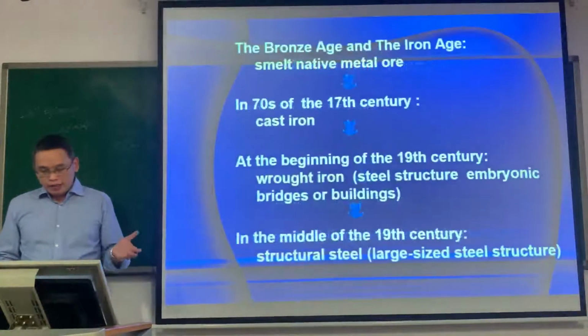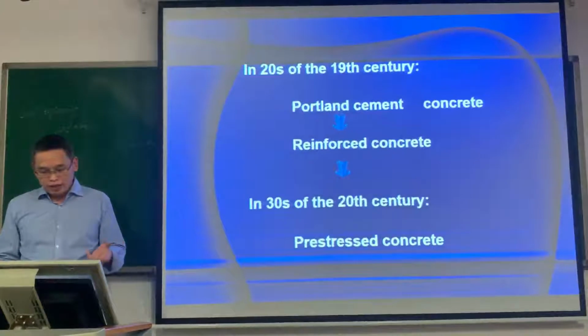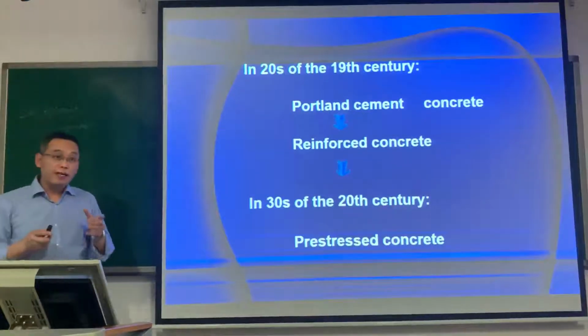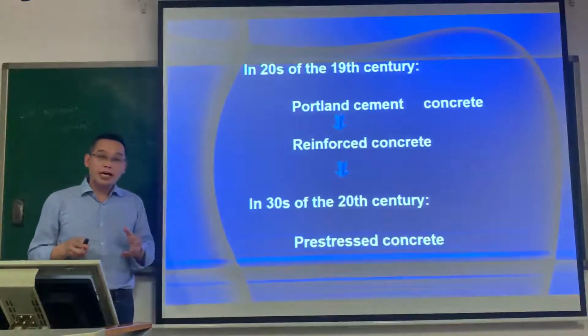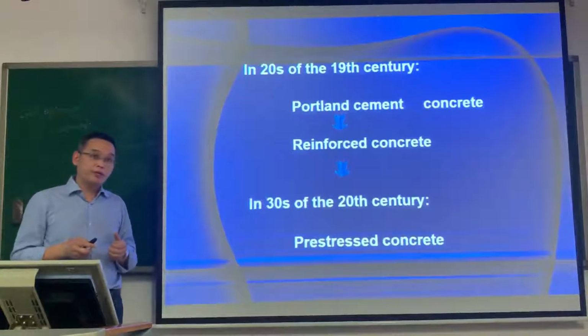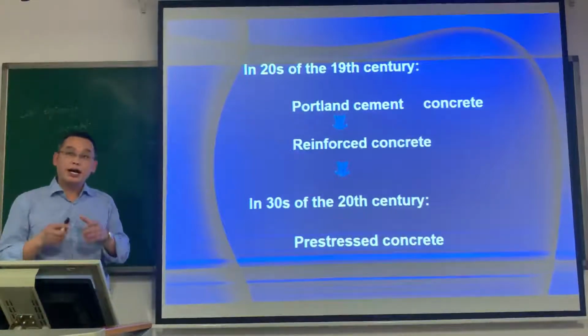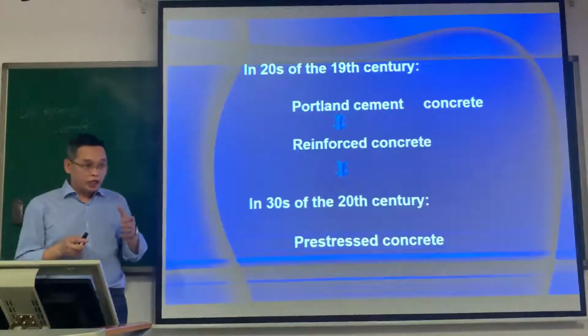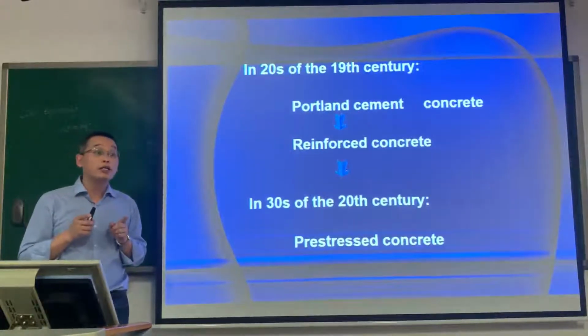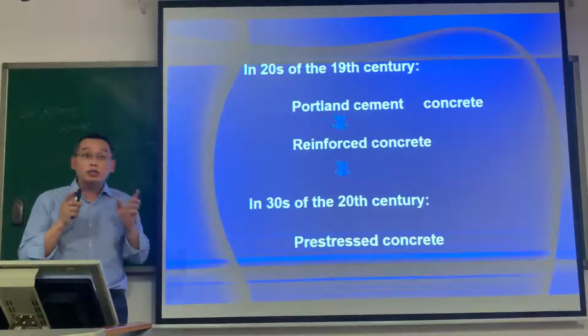And for the history and the trends, we have just remembered. But the most important thing I want to emphasize is about the steel and the concrete. We have just learned that the history of the steel and the concrete is very short, just 200 years.